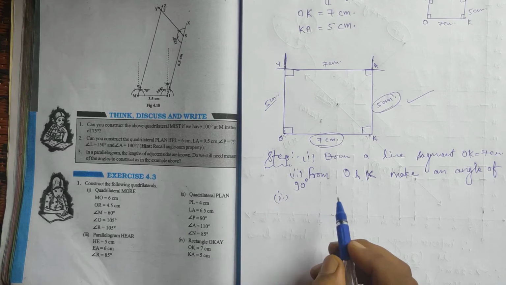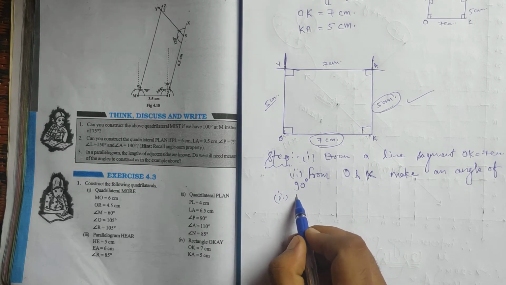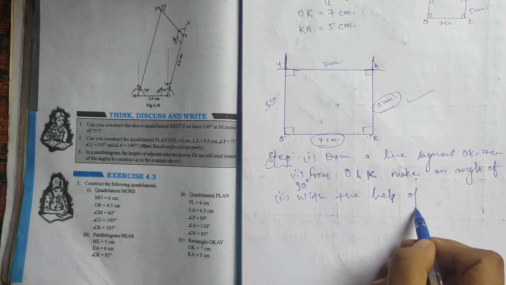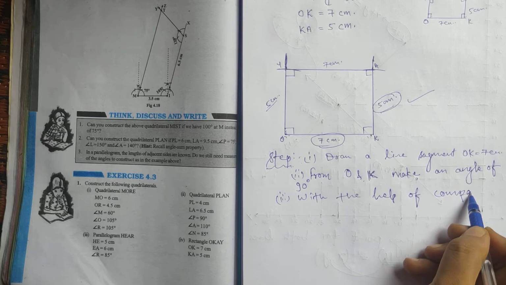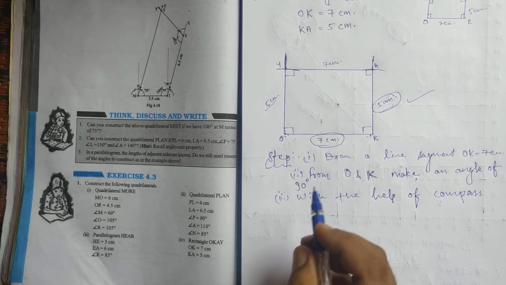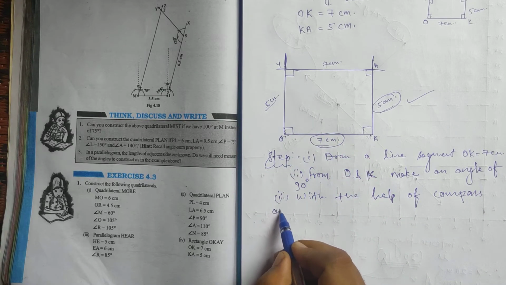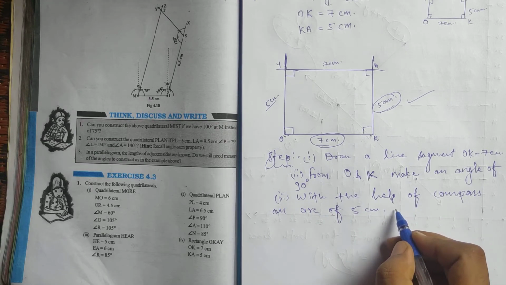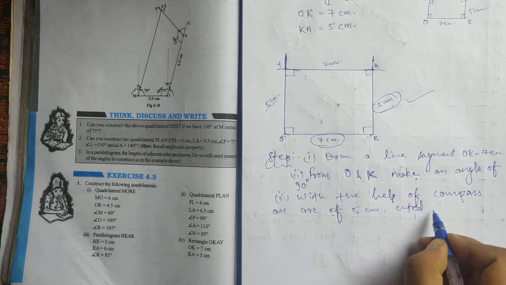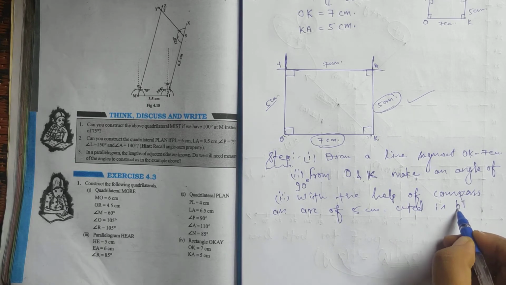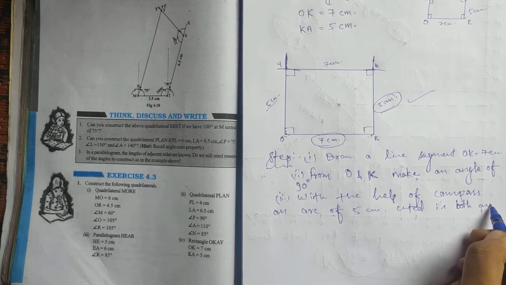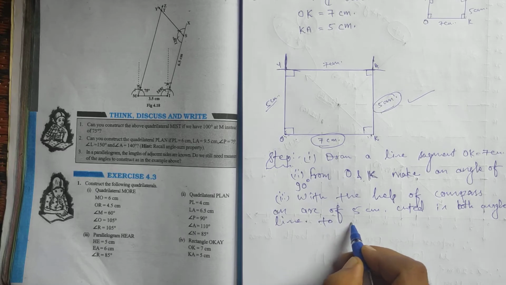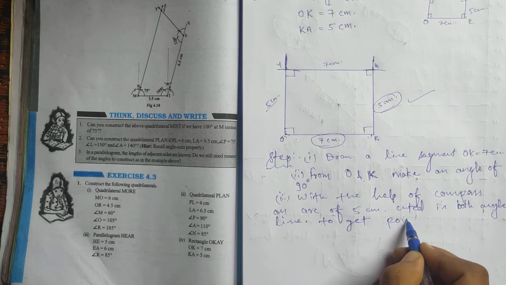Now third step, with the help of a compass, we have taken an arc of 5 centimeter, cut in both angle lines to get points.